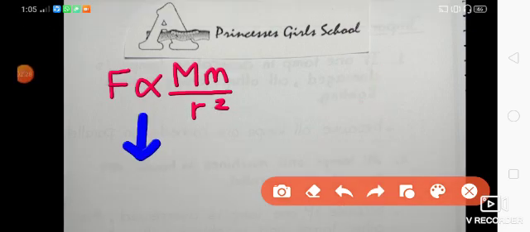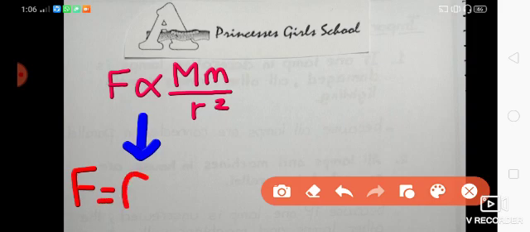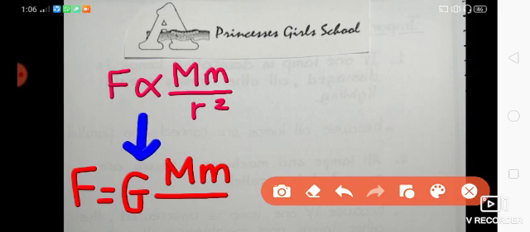So, from this equation, we can deduce the mathematical equation for the general gravitational law, which says that force equals gravitational constant times M capital times m small over r to the power 2.